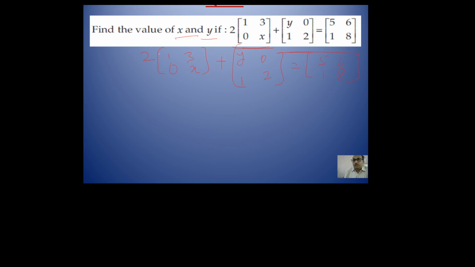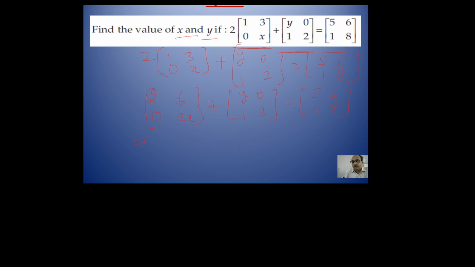As this is a matrix, we have to multiply this 2 with each member of the matrix. So 2 into 1 will become 2, 2 into 3 will become 6, 2 into 0 will become 0, and 2 into x will become 2x. Okay, right, plus [y, 1, 0, 2] will be as it is, equal to [5, 1, 6, 8].